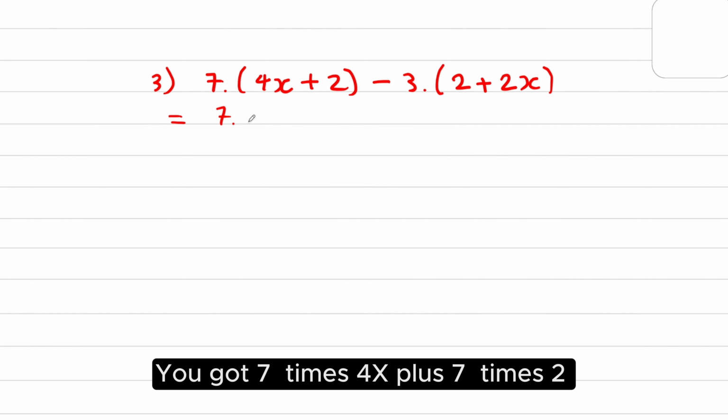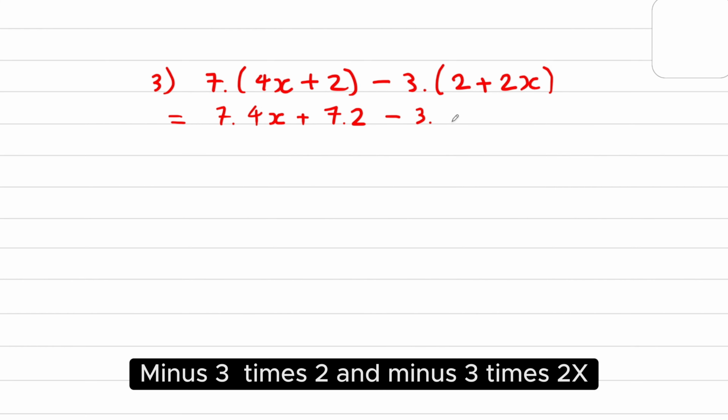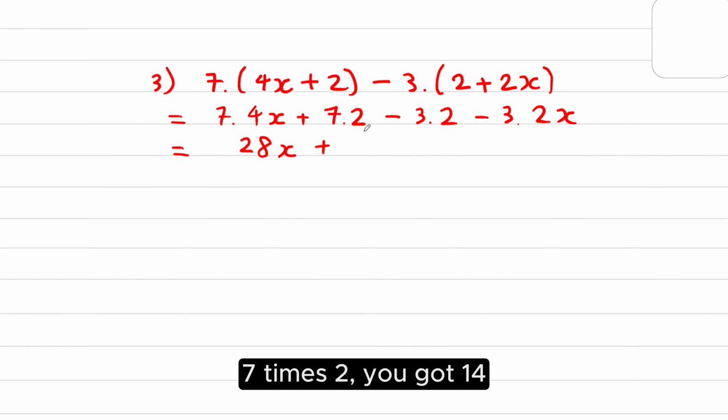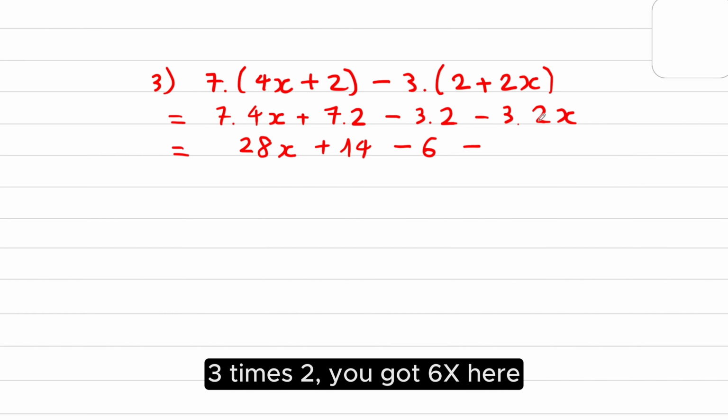You got 7 times 4x plus 7 times 2 minus 3 times 2 and minus 3 times 2x. 28x here. 7 times 2 you got 14. 3 times 2 you got 6. 3 times 2 you got 6 and 8 here.